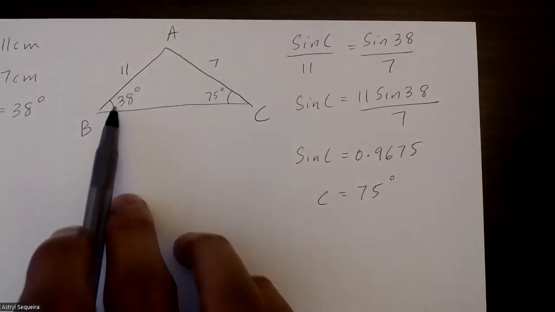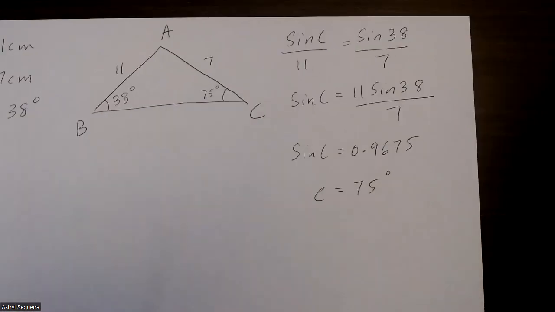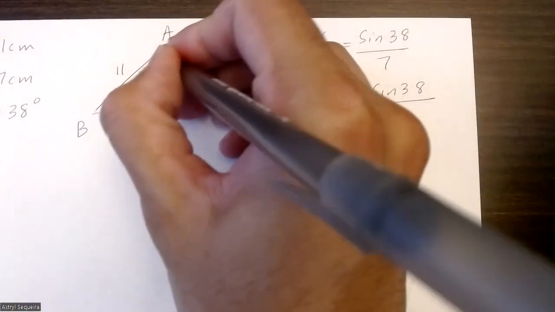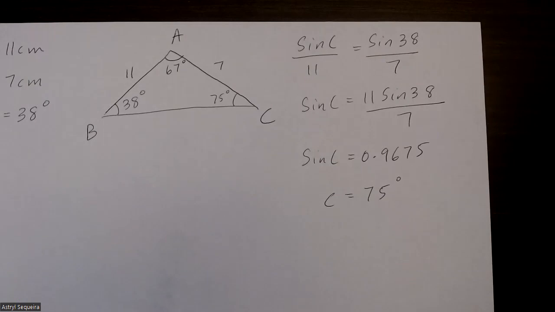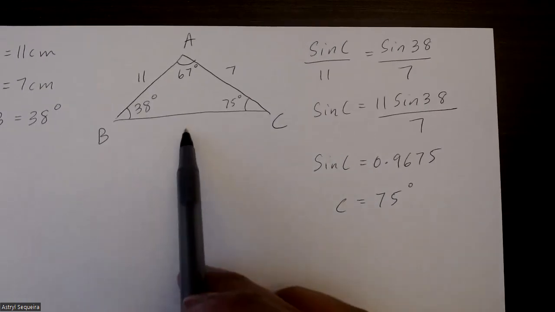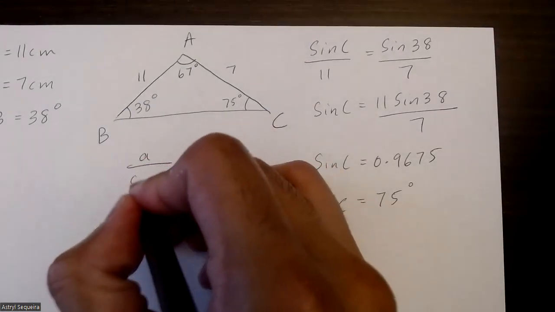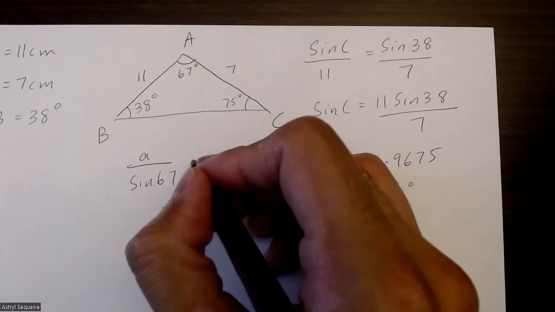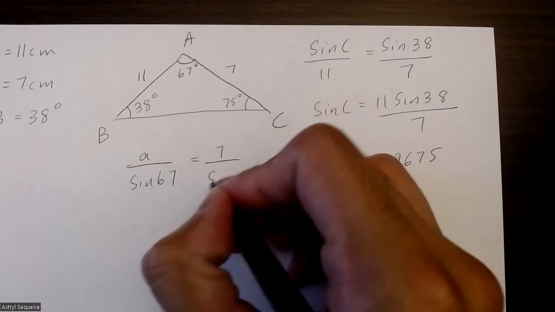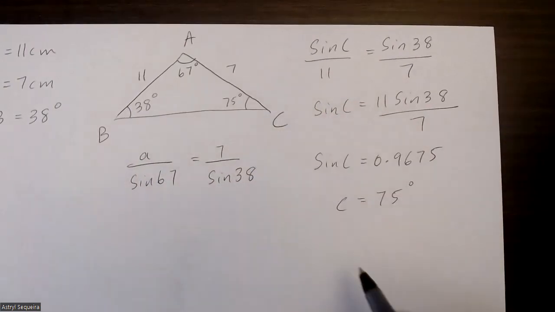I can find angle A by doing 180 minus these two angles. So 180 minus 38 minus 75 is just 67 degrees. And now I can find small a by doing sine law again. a over sine 67 equals 7 over sine 38.